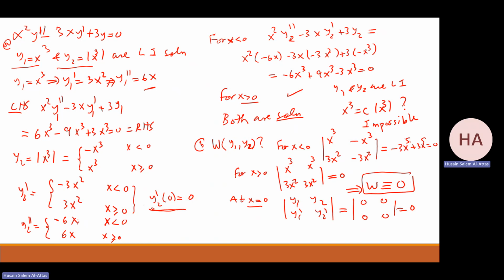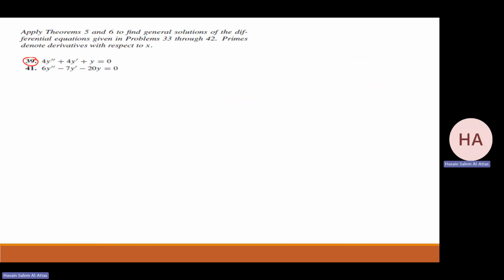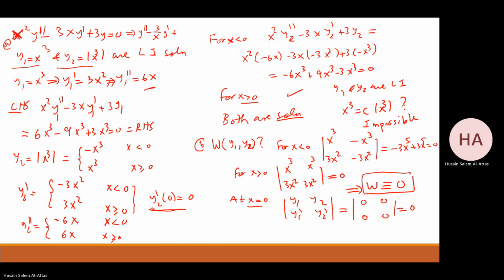Why does this not contradict the theorem? Because these are not linear. I mean, I have the same problem. This one, if I divide, I have y double prime minus 3 over x y prime plus 3 over x squared y.